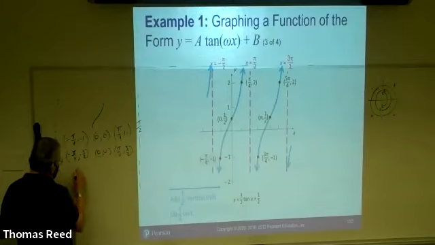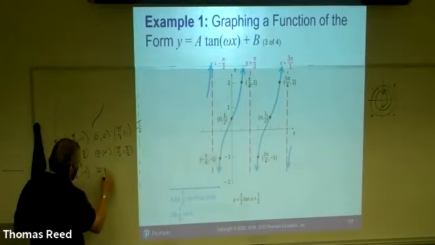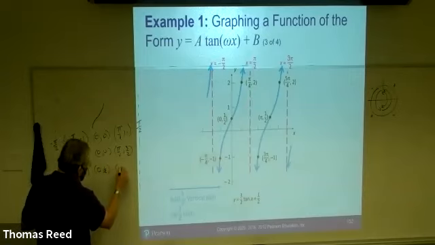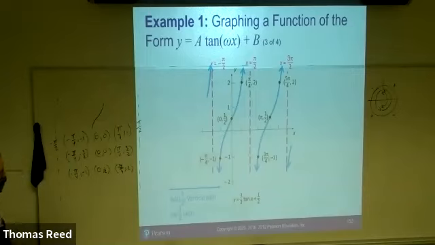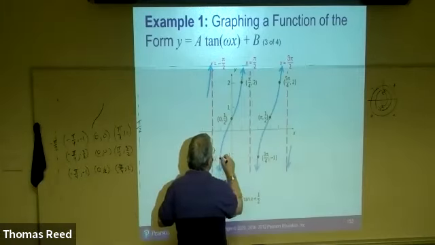This becomes negative pi over 4, negative 1; 0, 1/2; pi over 4, 2. And so I graph those 3 points. And that would be these 3 points.